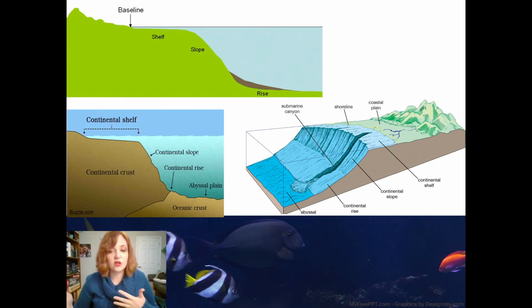Like if the slope ends around 9,800 feet, then the continental rise would be 10,000 feet deep. But if the slope ends at 13,000 feet, then the continental rise would be more like 13,100 feet because it's just at the bottom. So the depth for this can vary depending on where the slope ends.